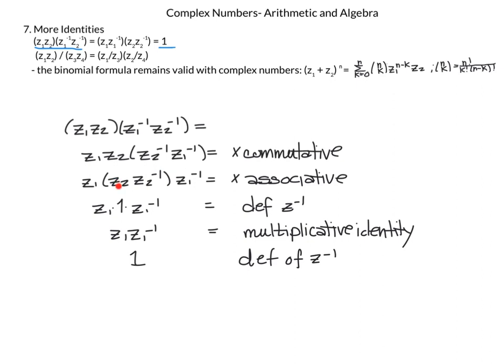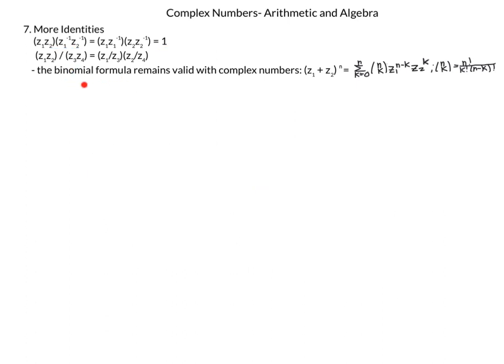I can do the multiplication of the z2 times z2 inverse first because multiplication is associative. Well, this here is equal to 1 by definition of the inverse. And then this is equal to z1 times z1 inverse because 1 multiplied by anything just gives you what the anything was, and that's because 1 is the multiplicative identity. And then finally, z1 times z1 inverse is equal to 1 by definition of inverse.